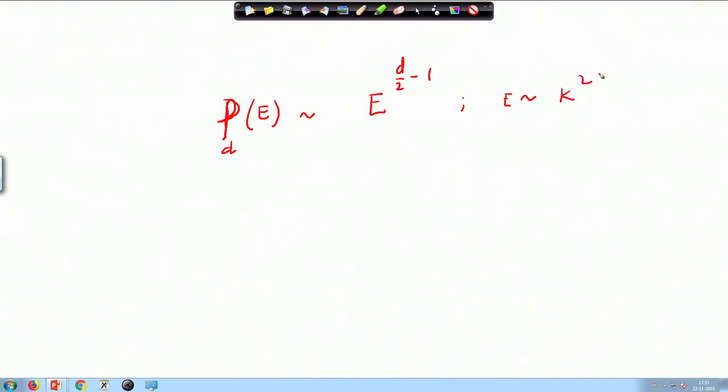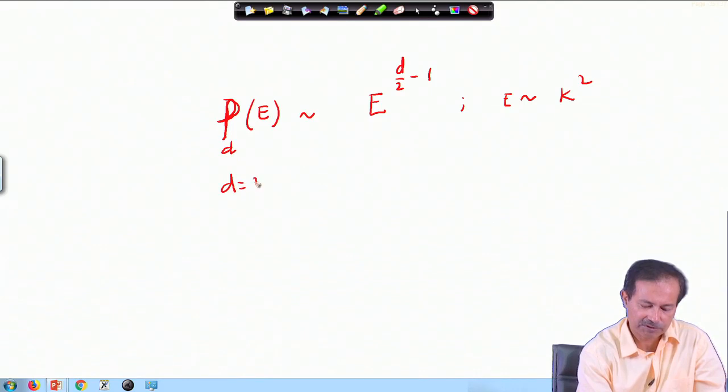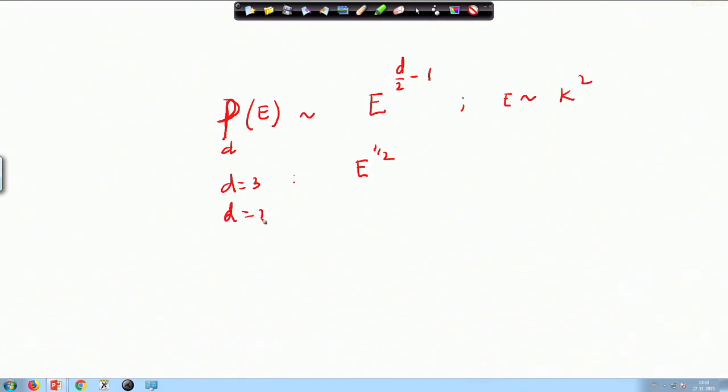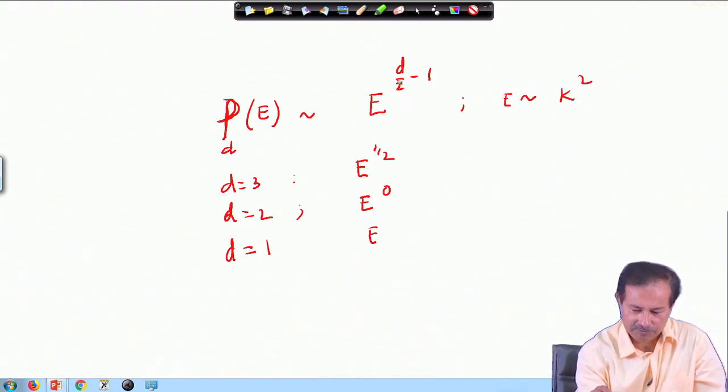This relation is what I just showed you: in 3D, d equal to 3, this is E to the power half; d equal to 2, this is E to the power 0, that means independent of energy; d equal to 1, it is E to the power 1 by 2 minus 1, which is minus half.